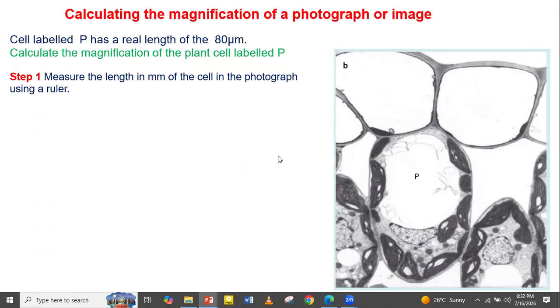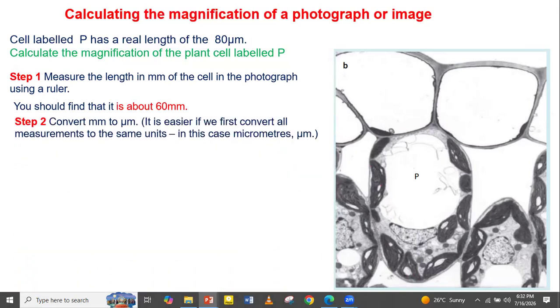Just a recap: measure the length of the cell in millimeters using a ruler. Even if you go to your textbook and use the same method, you'll find that it's approximately 6 centimeters. When you turn centimeters to millimeters, you multiply by 10, that's how you get 60 millimeters.